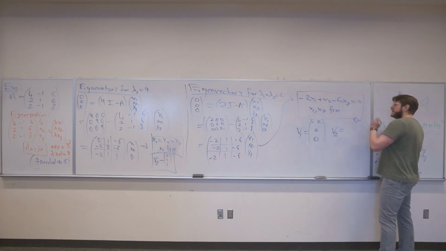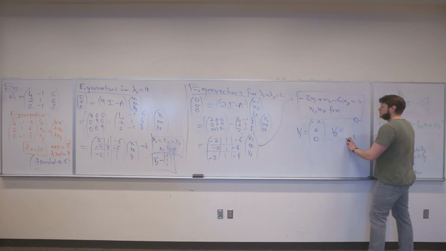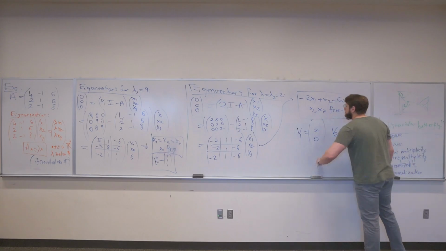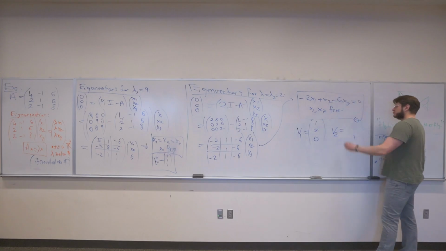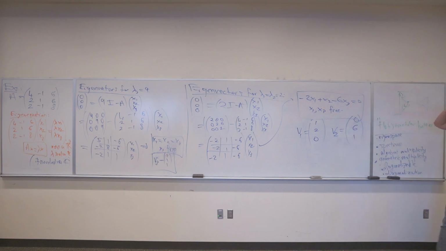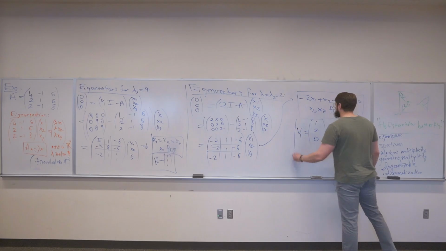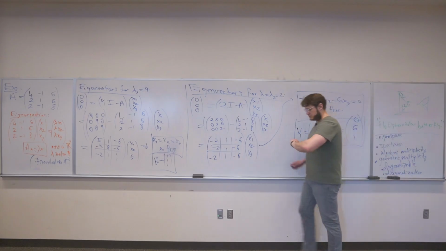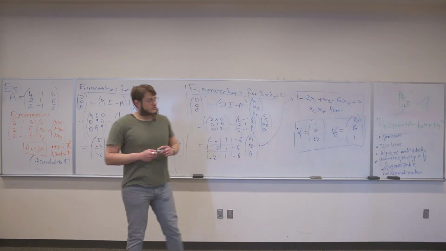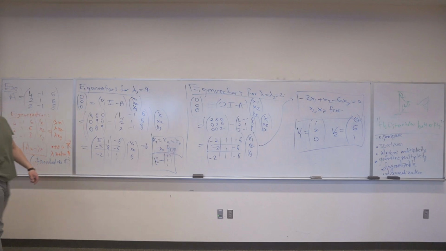And then if I plug in x1 is 0 and then x3 is 1, that should be a 1. If x3 is 1, then this is a 6. Yes, these are eigenvectors. Okay, these are 2 linearly independent eigenvectors. This is the maximum possible.